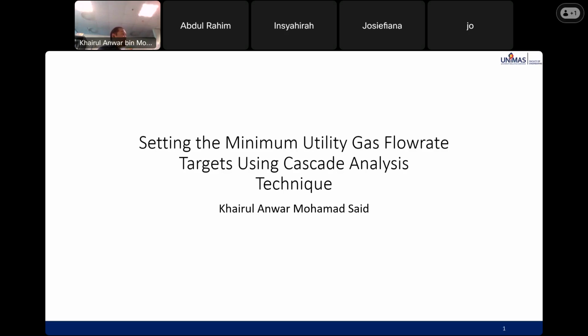Setting the minimum utility gas chloride target using cascade analysis technique.